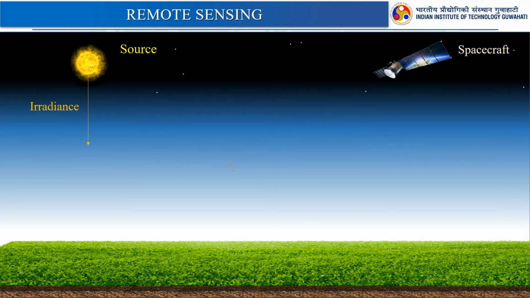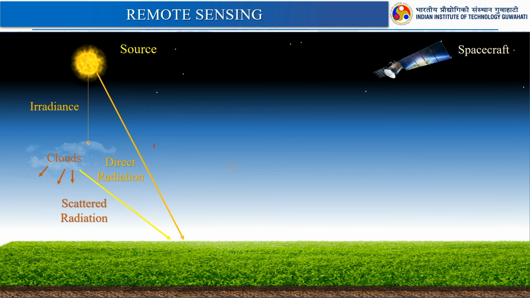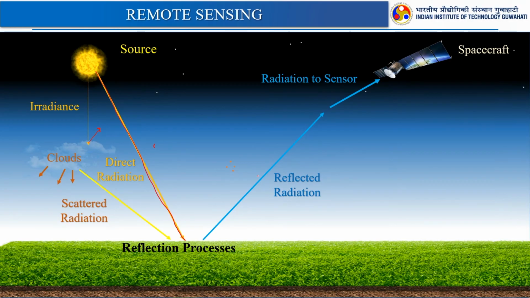When light comes from the sun and gets into our atmosphere, it interacts with clouds, gases, dust particles, aerosols, and some amount of energy will be diverted. That is known as scattering, right. Some amount of energy will come directly to our surface and get reflected. Because of the dust particles or gases, it is getting scattered, and this scattering also comes to our sensor.